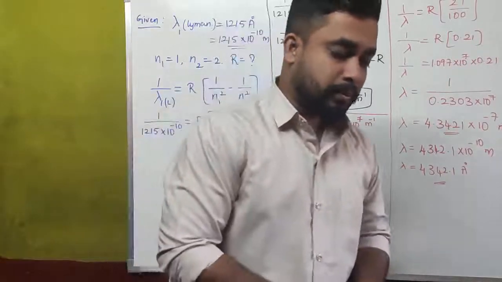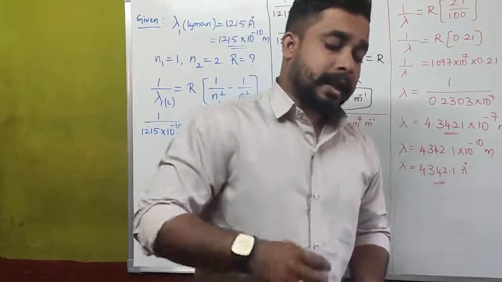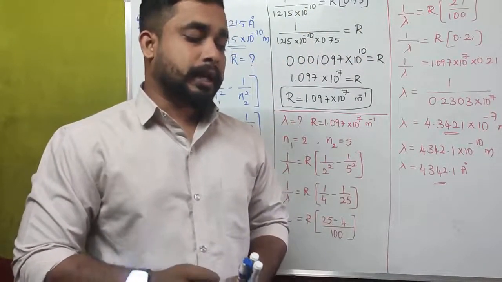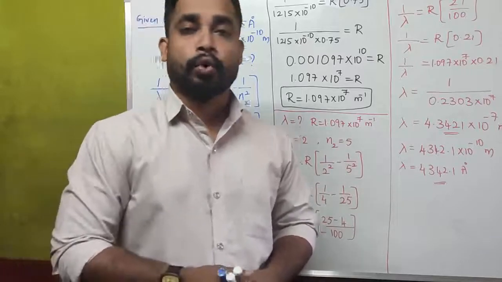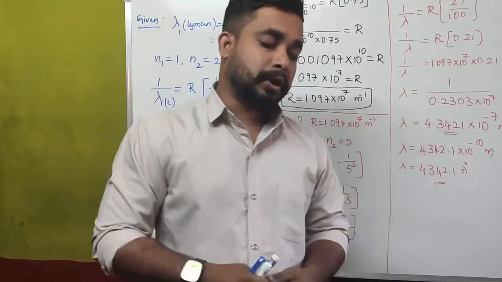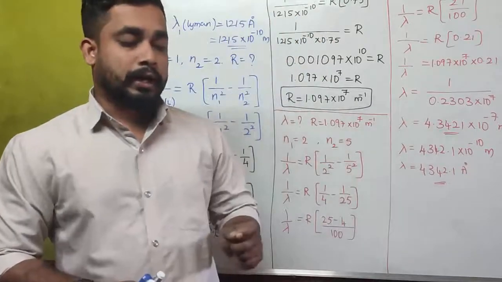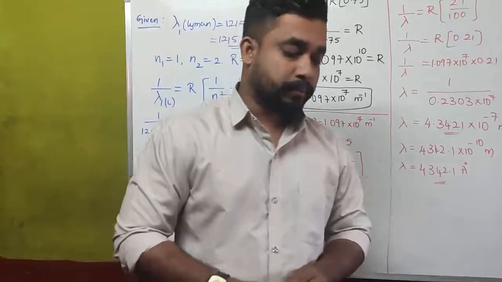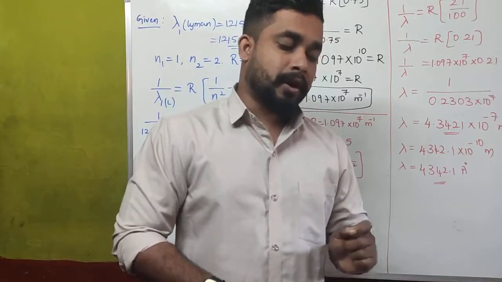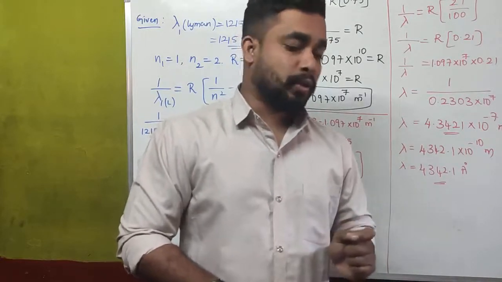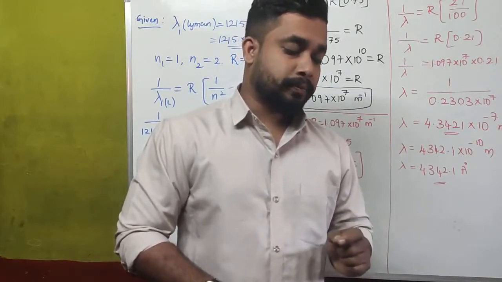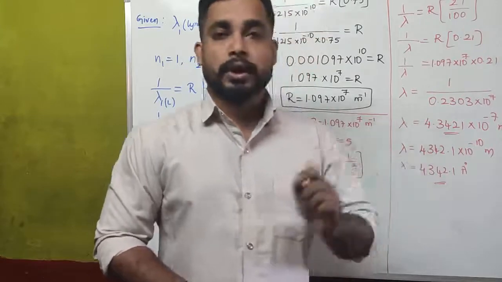And the next problem is: it is experimentally found that energy of 13.6 electron volt is required to separate a hydrogen atom into a proton and an electron.